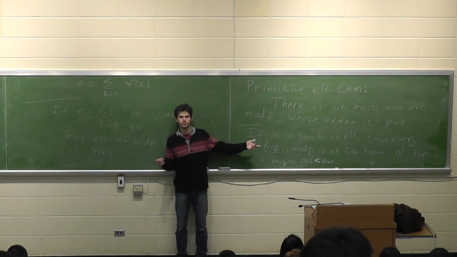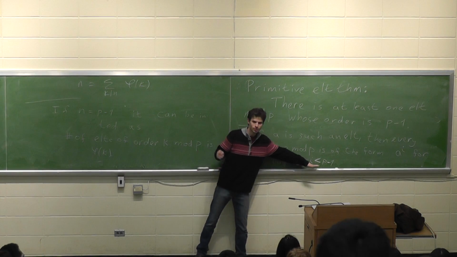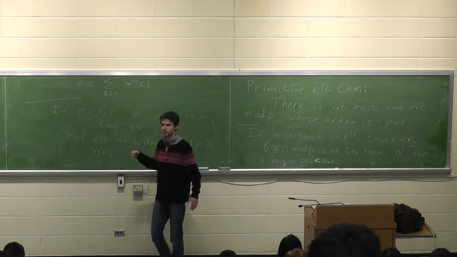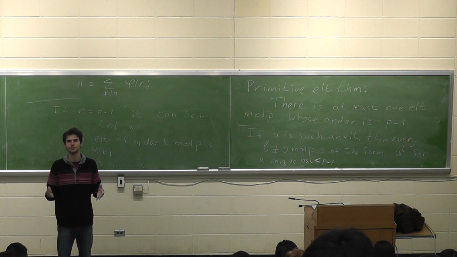A to the power p minus 1 is already 1, but all the smaller powers are distinct, and there are p minus 1 of them, so they should cover all possible elements.